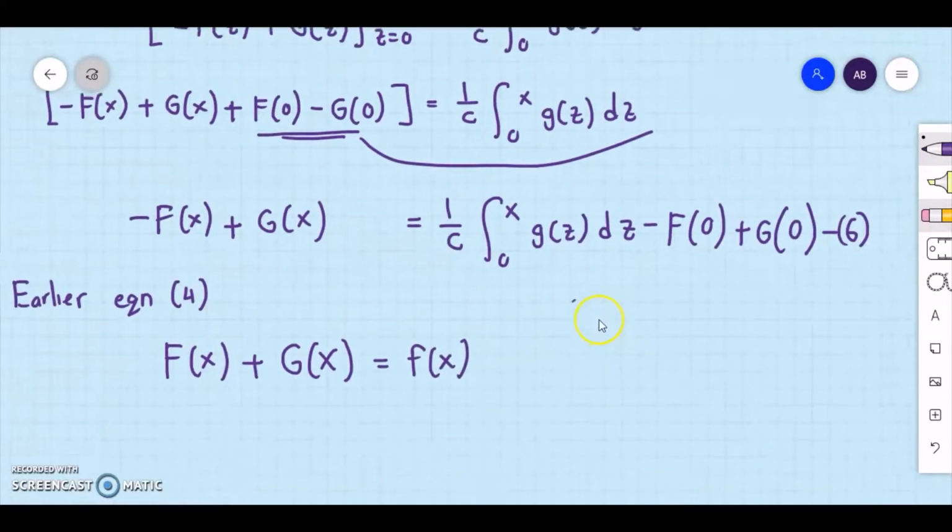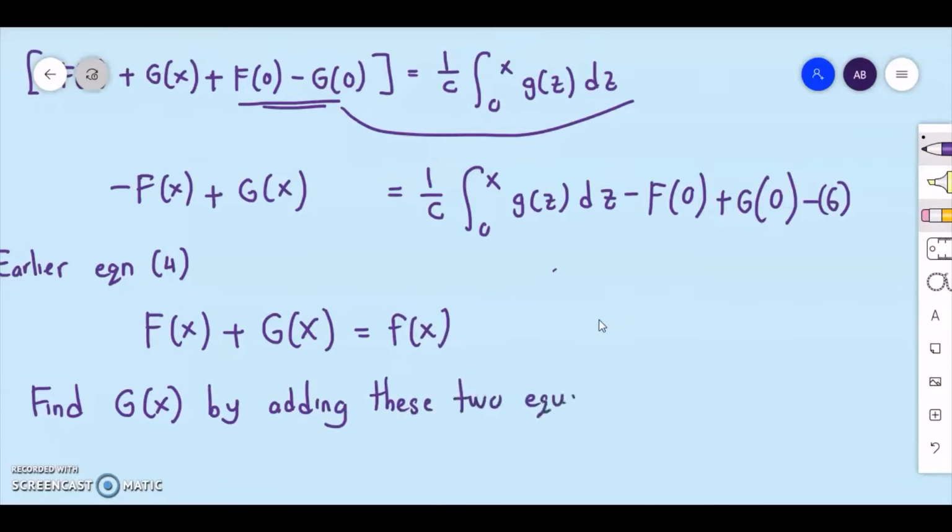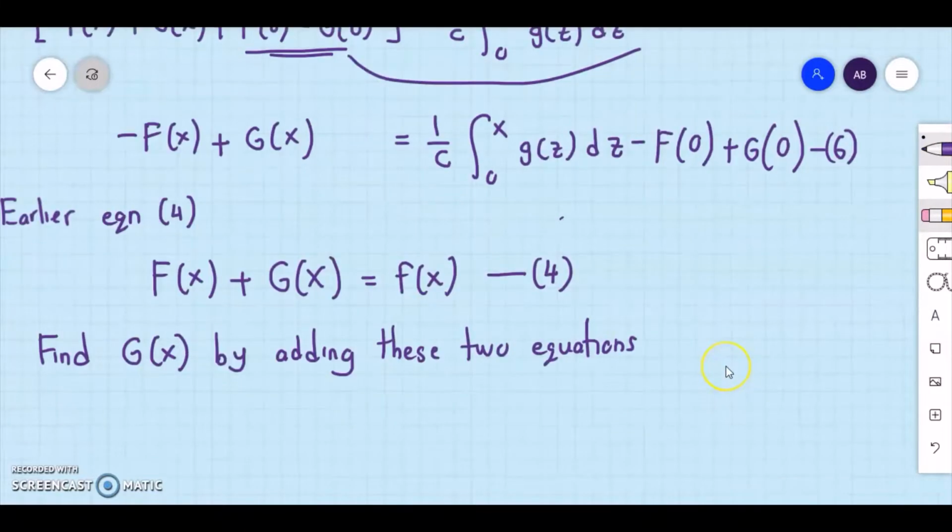Now, we can decide whether we want to cancel out G, find G, or cancel out F. So let's find Gx by adding these two equations, which are my equation 4 and equation 6.